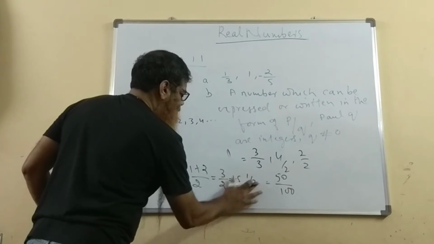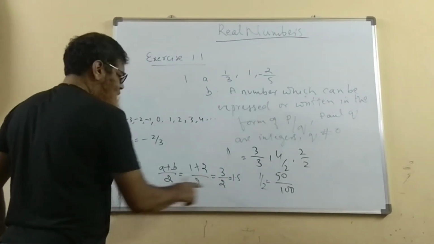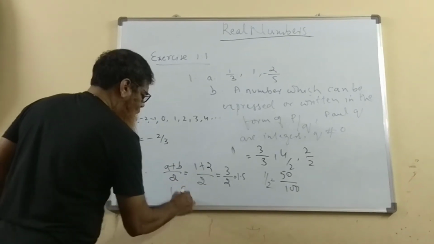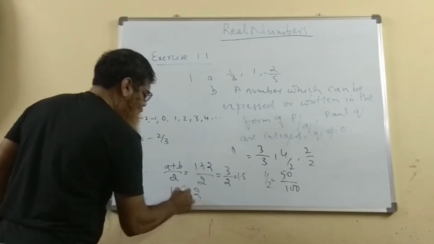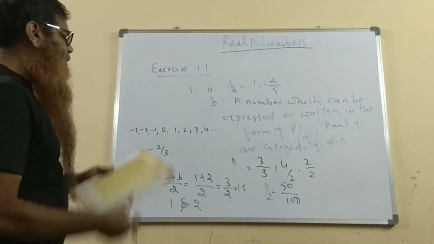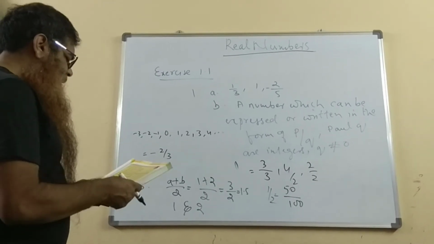You can understand 1.5 falls in between 1 and 2. Similarly, you can find more rational numbers with the mean method, as we have done in examples.